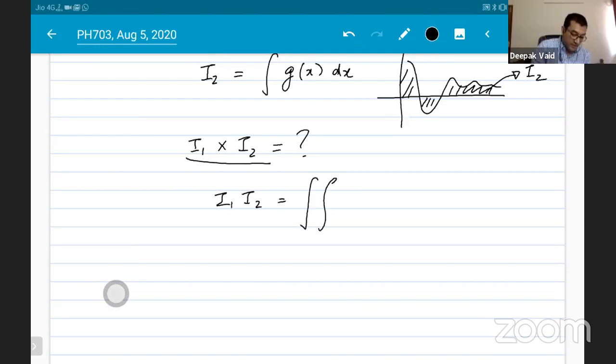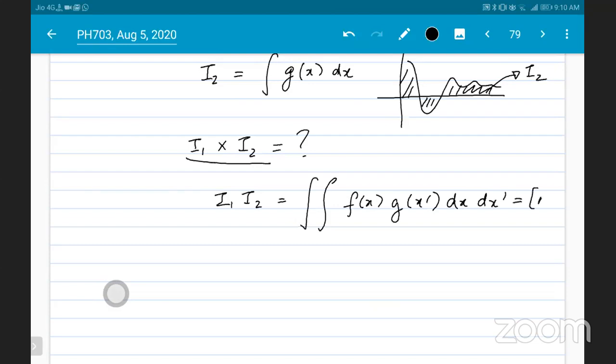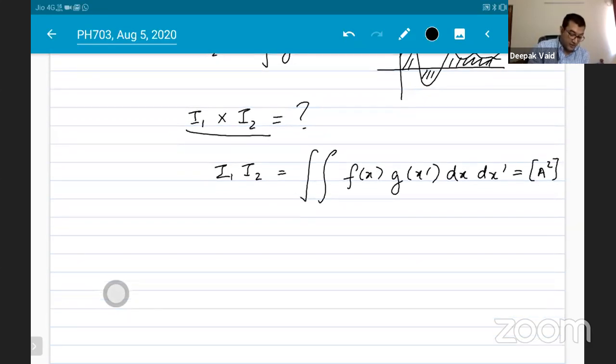It would be a double integral of f(x) g(x prime) dx dx prime, right? This is what you would get. The dimensionality of this would be like area squared. But the thing is that our integral also has a delta function, right?